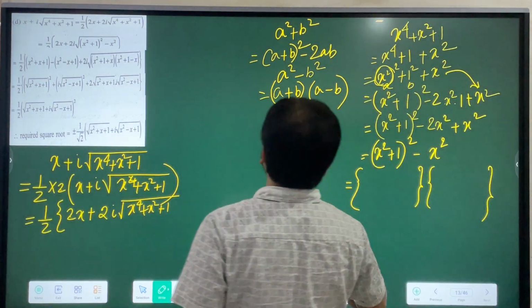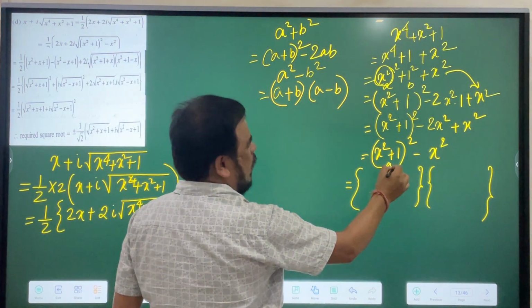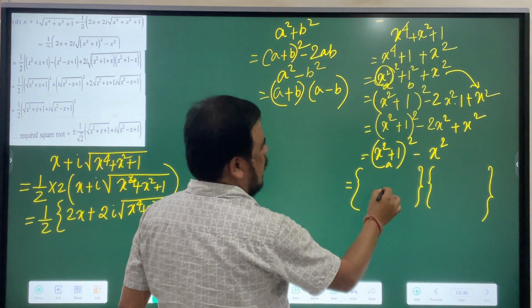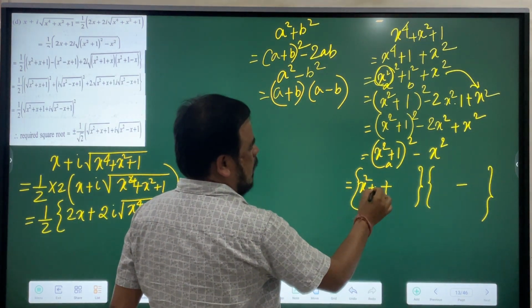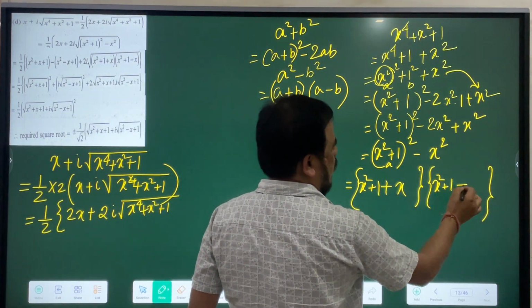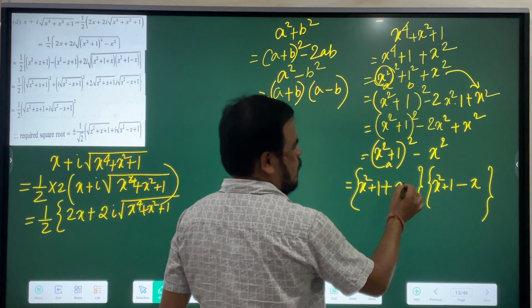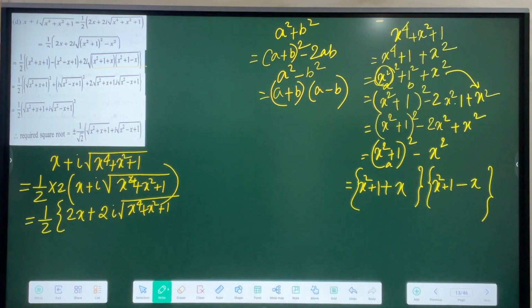There was some interruption. Okay. What is a? x square plus 1. What is b? x. (a plus b) into (a minus b). This is what is done here. Directly they have done.